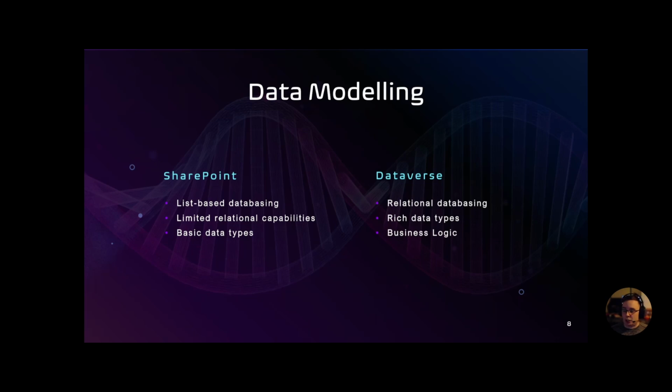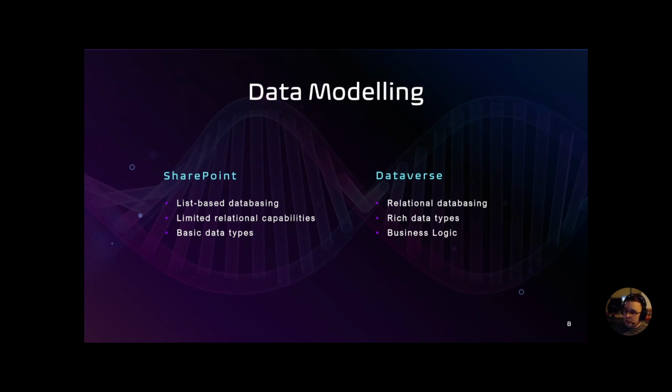It's not out of the box. Dataverse has business logic out of the box. These are things like our business rules, our business process flows, and things like calculated and roll-up fields are technically classed as business logic. A roll-up field can look at an activity table and work out the duration of every single activity that's happened against a parent record.